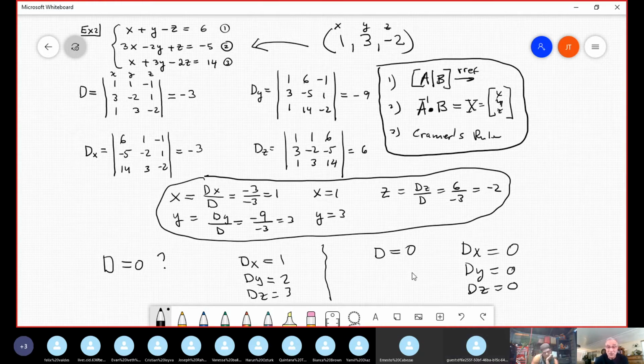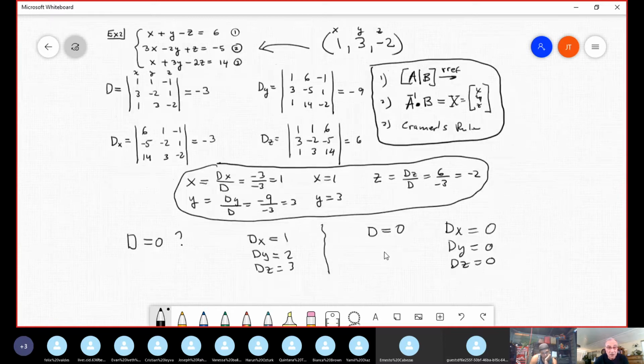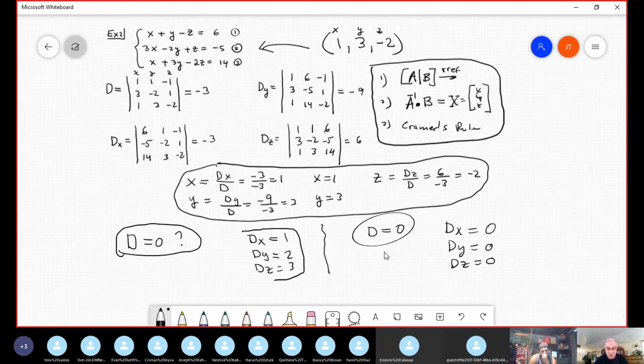So in both cases, when the d is 0, here and here, look, Kramer Rule is not applicable. It's impossible to apply. What is the reason behind this idea? Maybe it's a special case in which you have no solution or infinitely many solutions. But in this case, when the D is 0 and the numerator is a number not 0, it's because we have no solution.